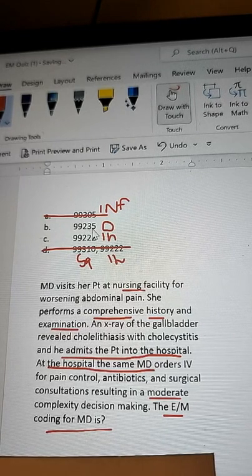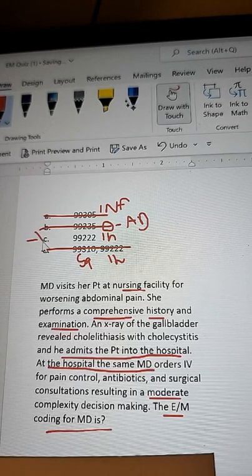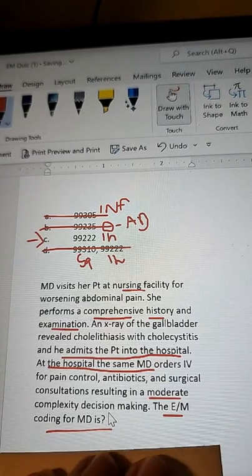So observation, this 235 includes your admit and discharge. We don't see here that the patient was asked to leave or discharged home. We only see the admit. So we'll get rid of that one, leaving you only the answer right here as your initial hospital. Yep, it is C.